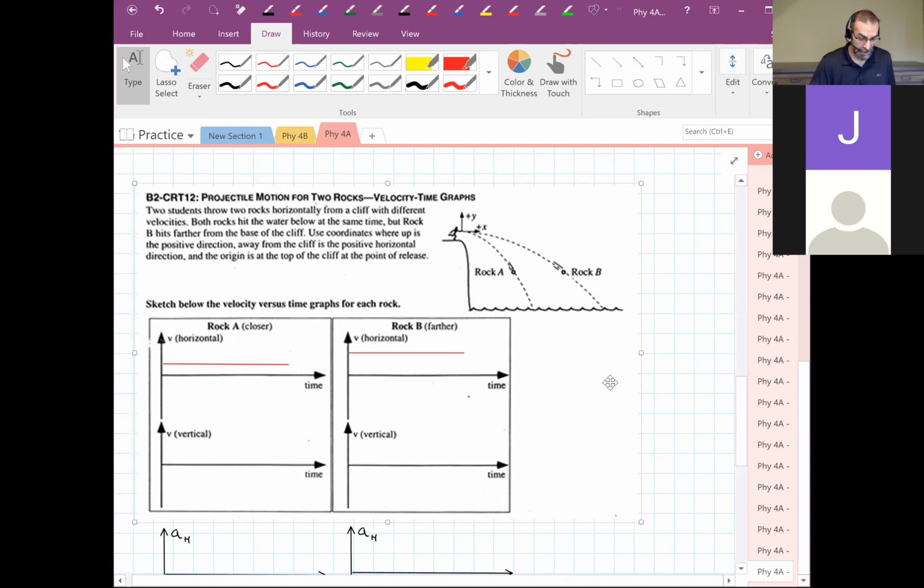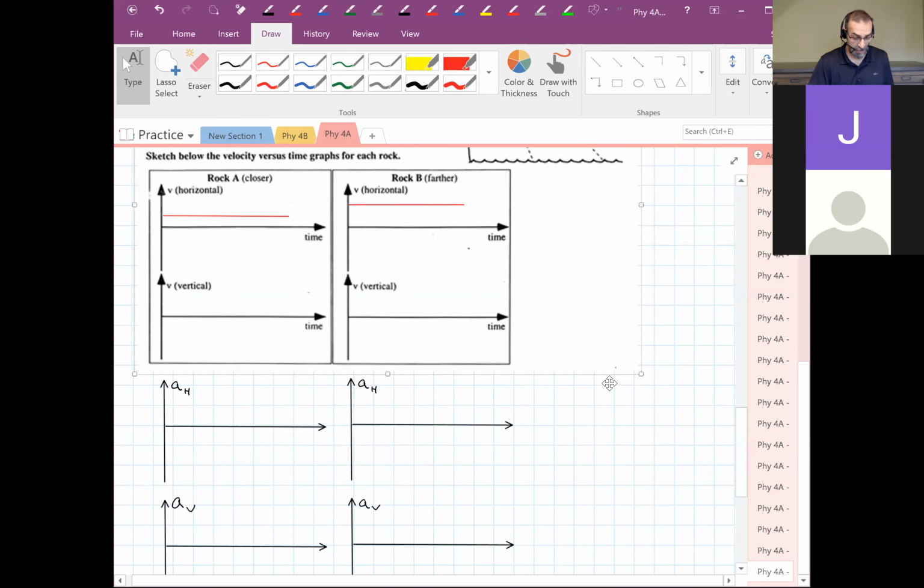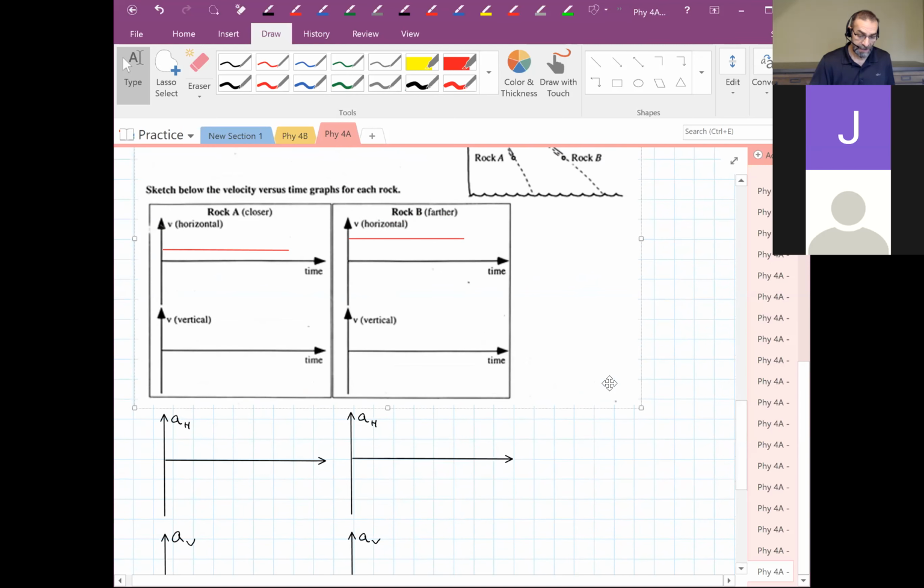Now, we just did the horizontal velocities. Why don't we do horizontal acceleration? Quick and easy.